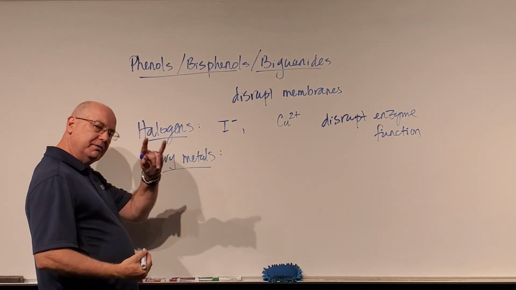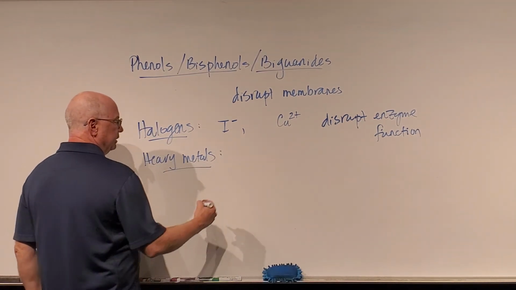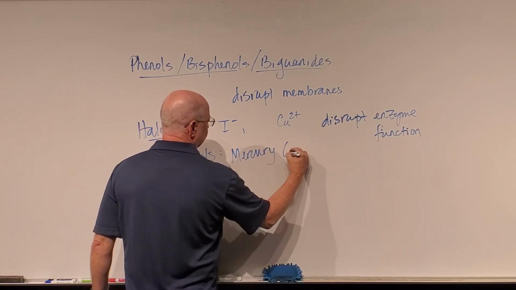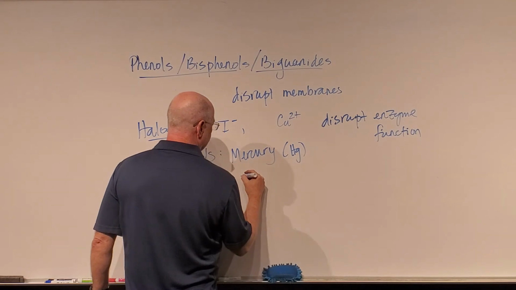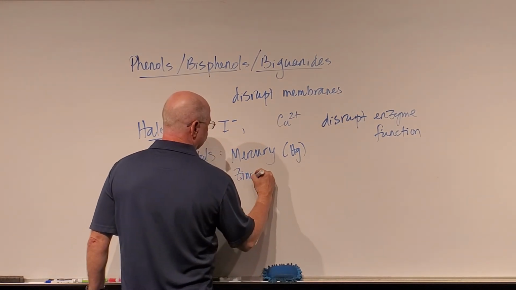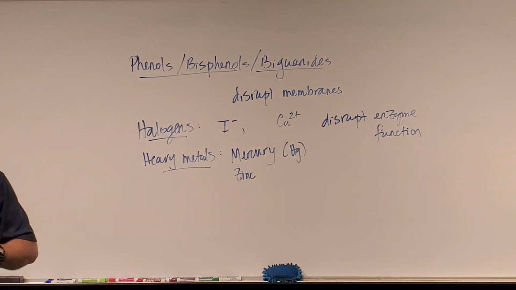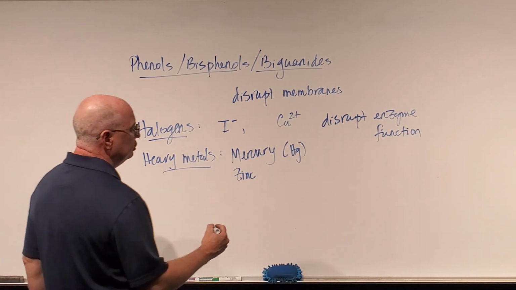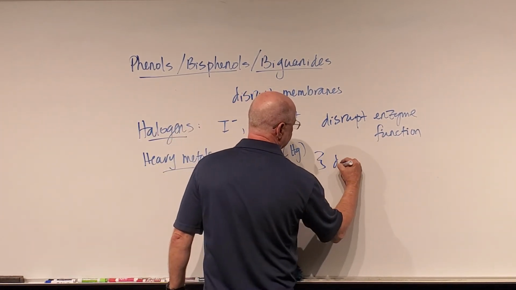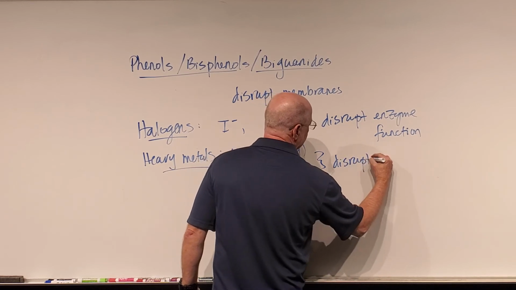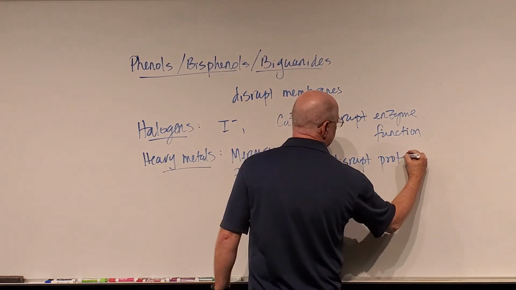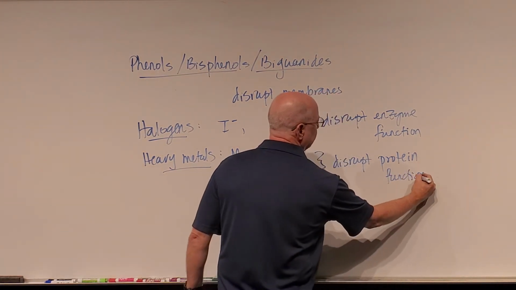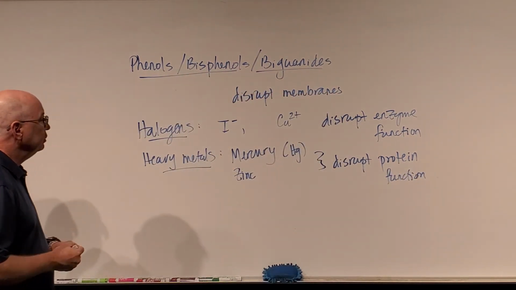I'm not talking about metallic. I'm talking about things like mercury, which is abbreviated as Hg, things like zinc, and a few other heavy metals that are effective at damaging proteins. So these can also disrupt protein function, either enzymes or things like membrane proteins, and bind them up and prevent the transport of stuff.